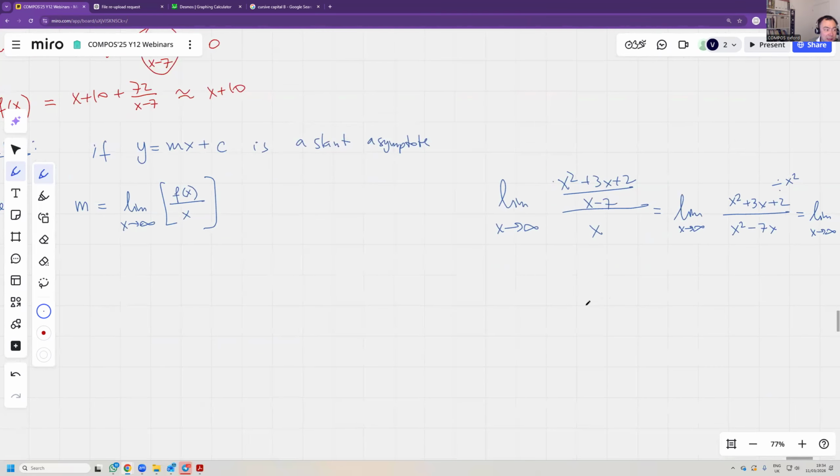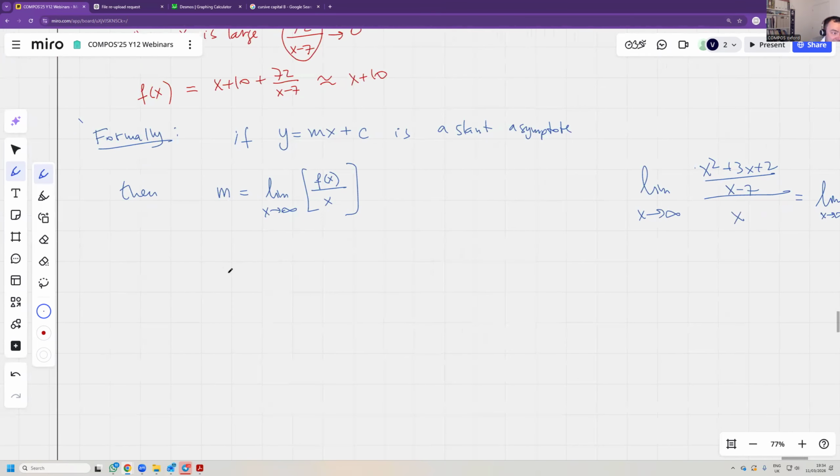And then c is equal to the limit as x tends to infinity of f of x minus m multiplied by x.